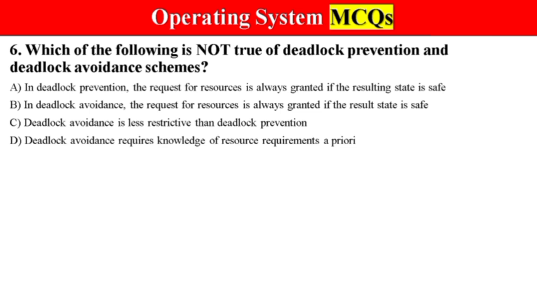C, deadlock avoidance is less restrictive than deadlock prevention. D, deadlock avoidance requires knowledge of resource requests a priori. The correct answer is A.